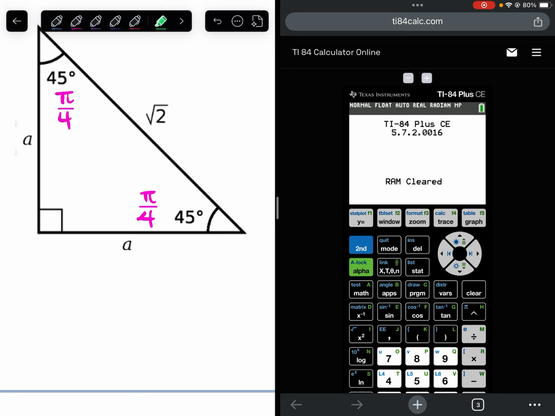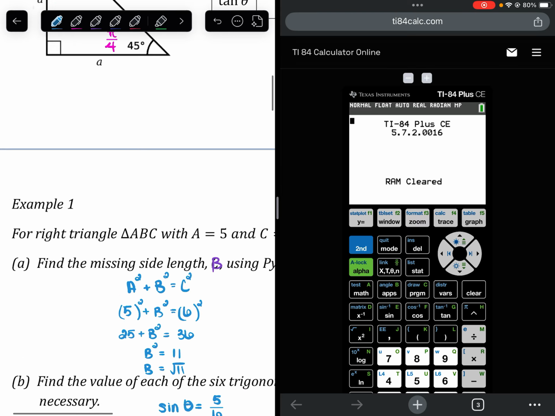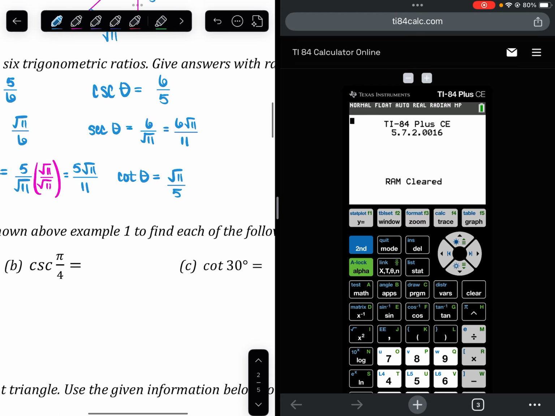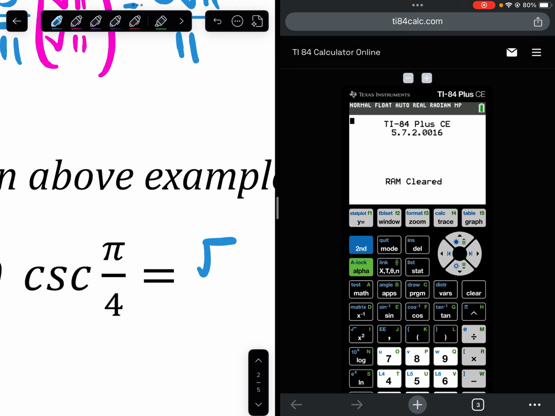Sine is the opposite over the hypotenuse, so cosecant is going to be the hypotenuse over the opposite. The hypotenuse is the square root of 2. The opposite is a. So we're going to get the square root of 2 over a. We don't know the value of a, so we're just going to leave it as that.